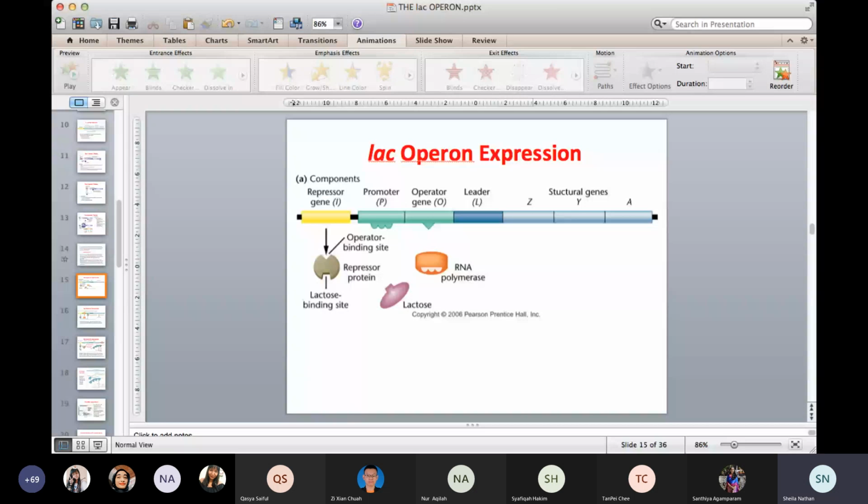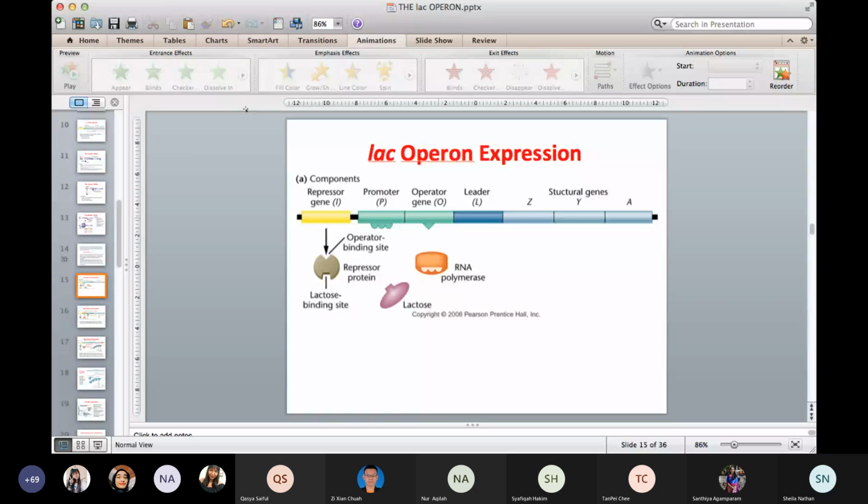But for it to be switched on, you need the lactose to already be in the cell in the form of allolactose so that it binds to the repressor, and the repressor cannot bind to the operator. RNA polymerase can bind and switch on.